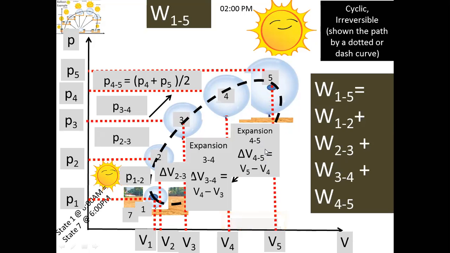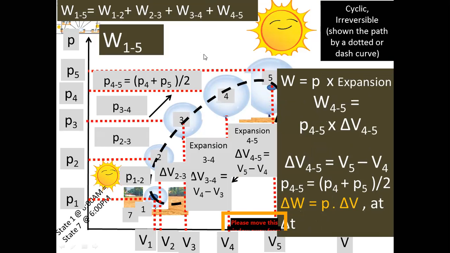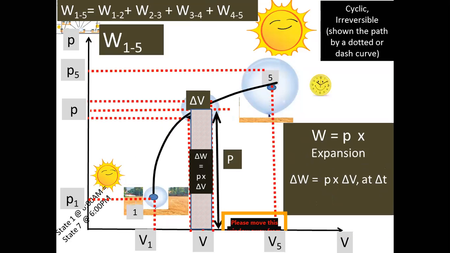Pressure times expansion. You have understood the pressure and the expansion levels from last week's sessions. For a small segment, delta V, expansion at pressure P, P times delta V becomes the area of this strip.